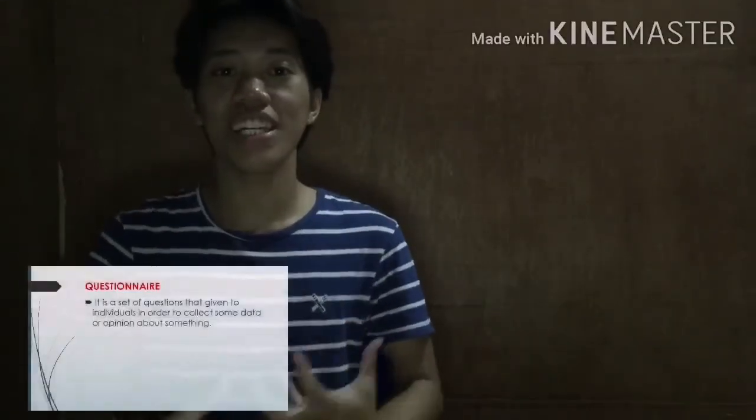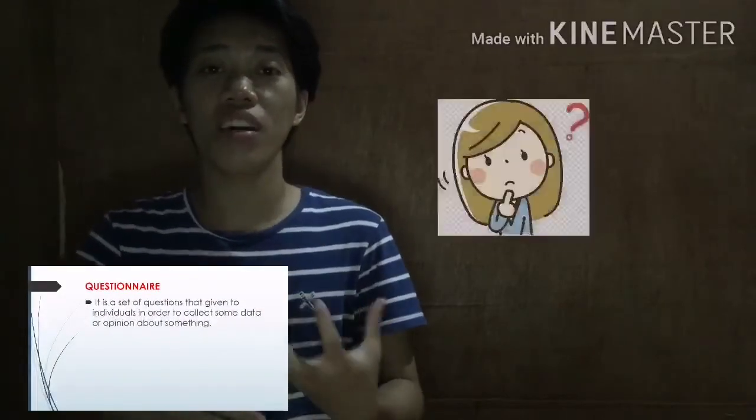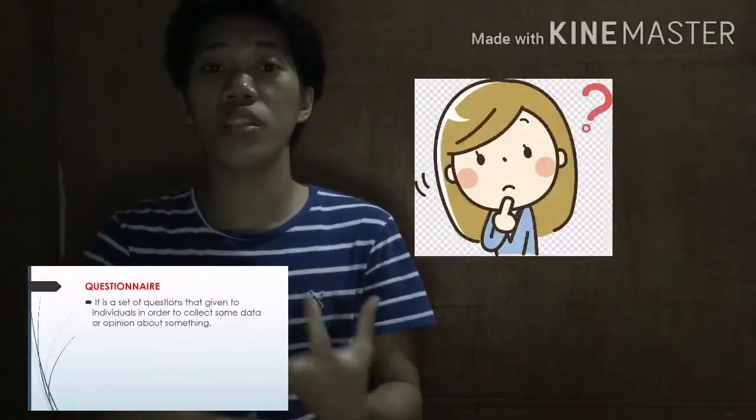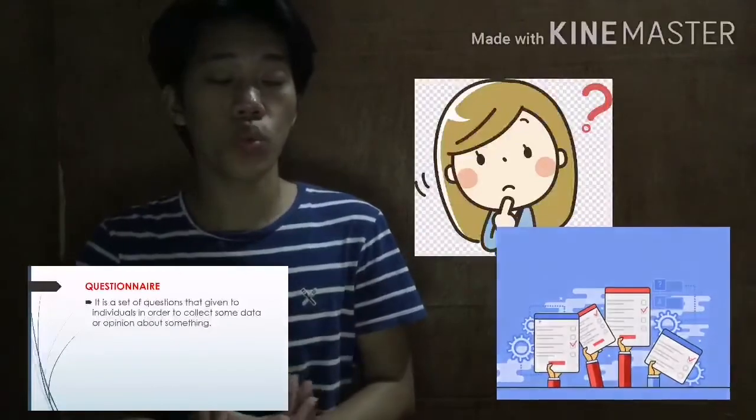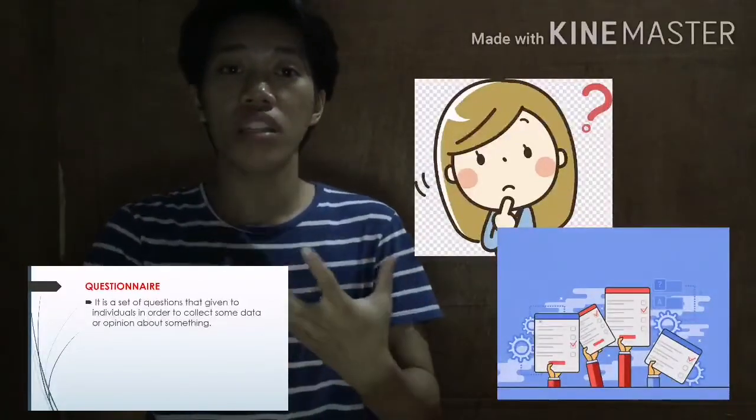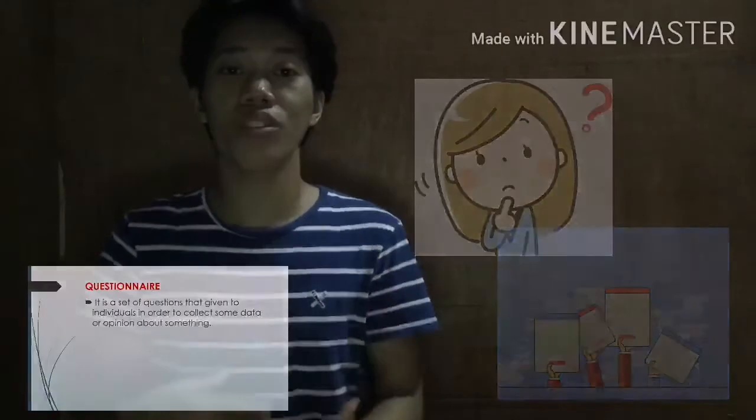Next chapter is all about designing a questionnaire. A questionnaire is a set of questions given to individuals in order to collect some data or get their opinion about something.